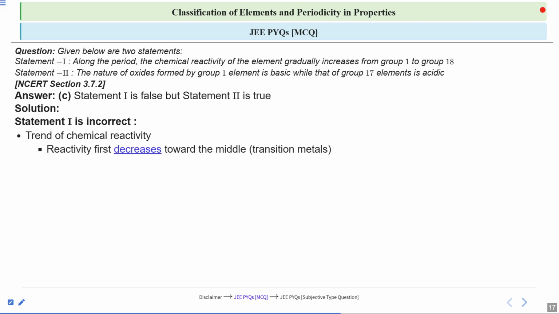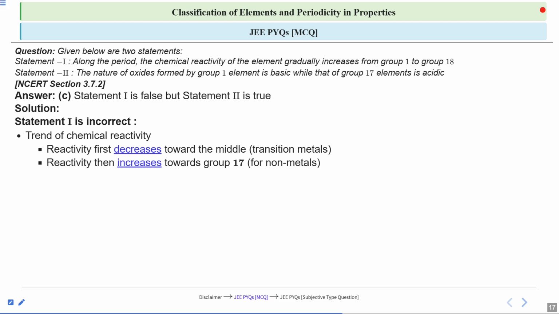That reactivity first decreases towards the middle. The metals on the leftmost part, like the alkali and alkaline earth metals, have the maximum reactivity. Then as you move across a period, the reactivity will decrease up to the transition elements, which is the d block.